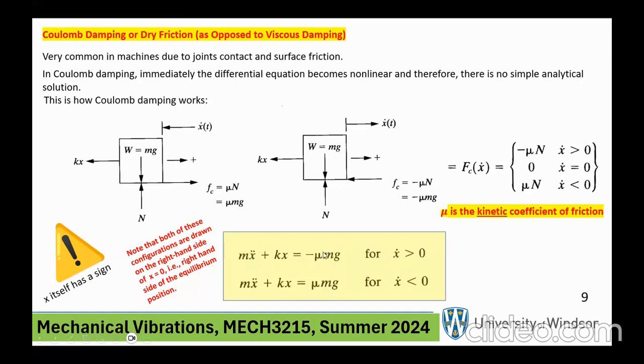The solution to it is a particular solution, which is just a constant, namely constant means m x double dot goes away, and you solve for x, that's the constant value. Same thing down here. So in one case, it's going to be minus mu m g over k, and in the other case, it's going to be mu m g over k. And that is the particular solution.